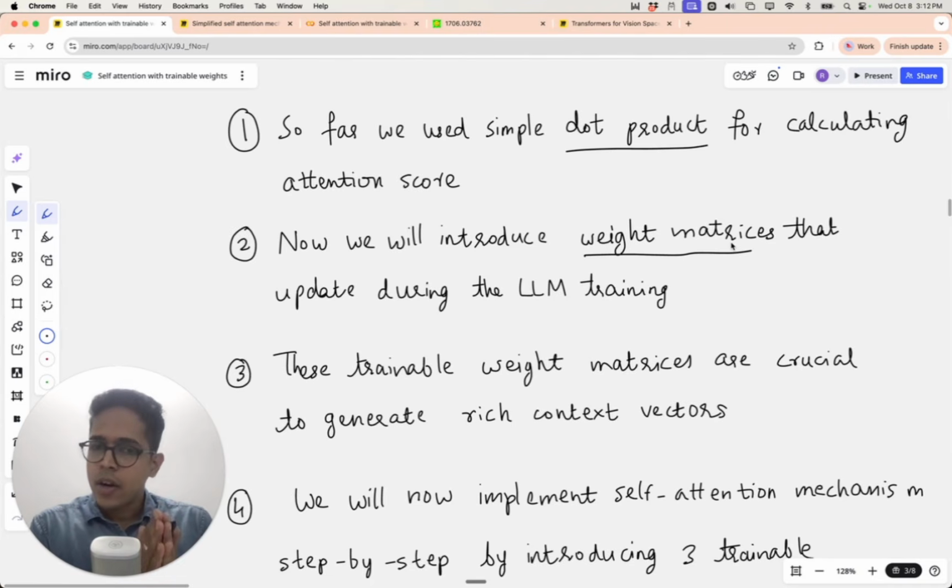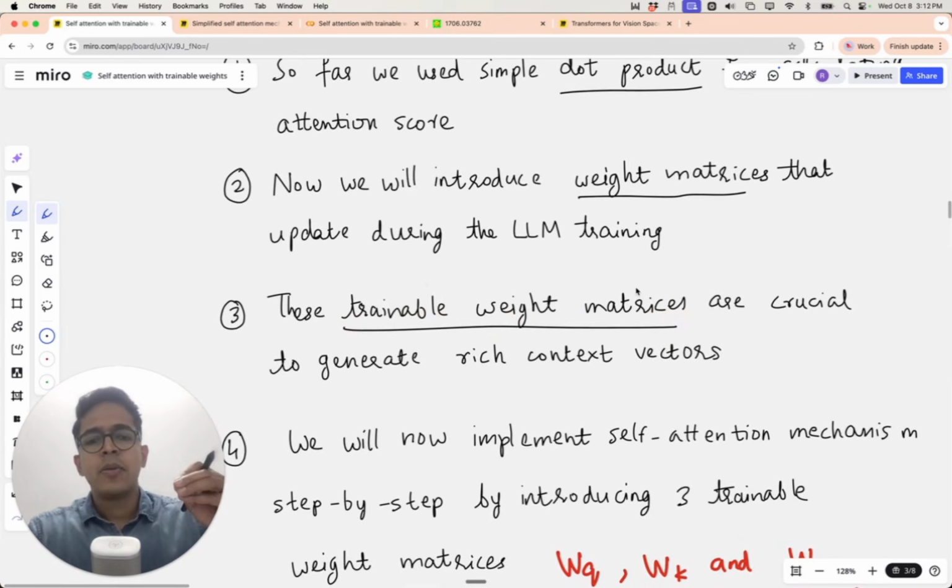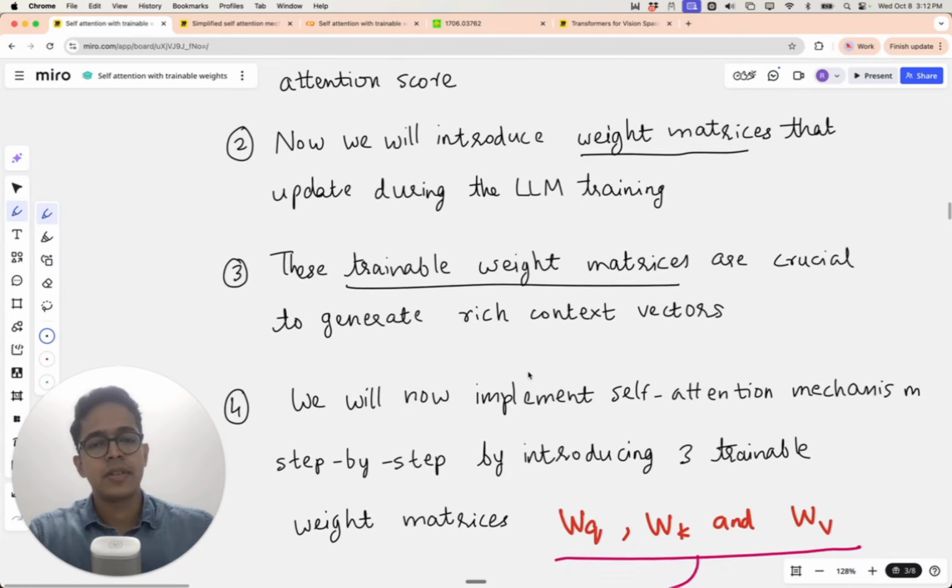We already got a context vector for the word big, for the word dream, etc. in the last lecture, but we want to get an even better context vector. And these trainable weight matrices are so crucial in large language models because these are the matrices that help us produce these context-rich vectors.